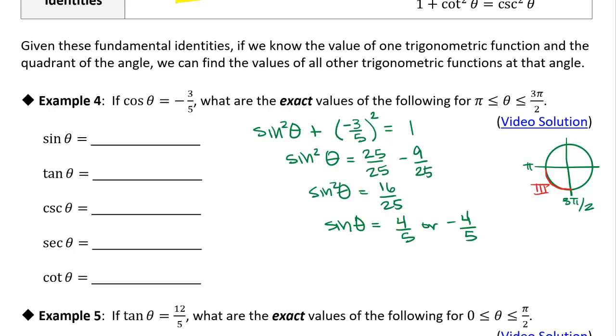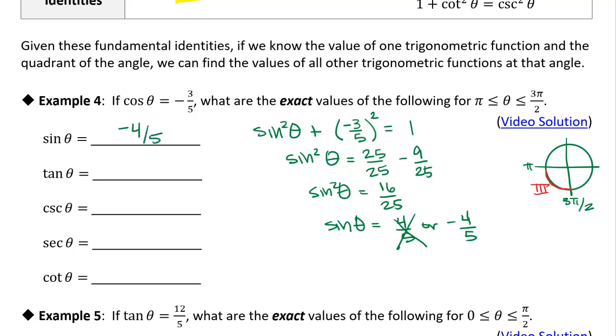And in quadrant 3, both the x and the y coordinates are negative, so both the sine and the cosine are negative. So I'm going to cross that one out, and I'm just going to get negative 4/5. That answers this question: negative 4/5.